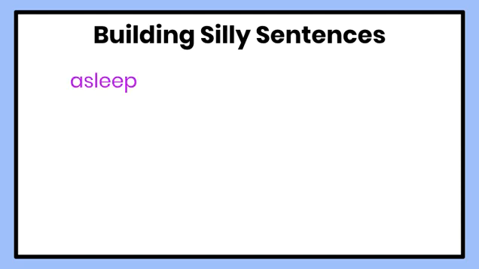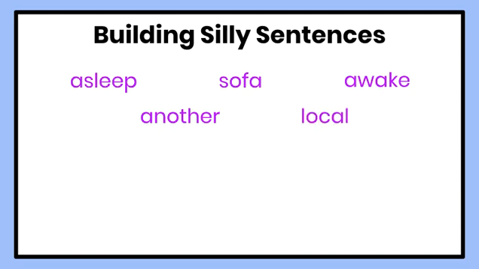Great, asleep. And I noticed that schwa sound is at the beginning, asleep. It has the sound spelled with an A. Let's think of some more. Sofa, great. Awake, awesome job. Another one at the beginning, and sofa was at the end. Another. Local. Across.